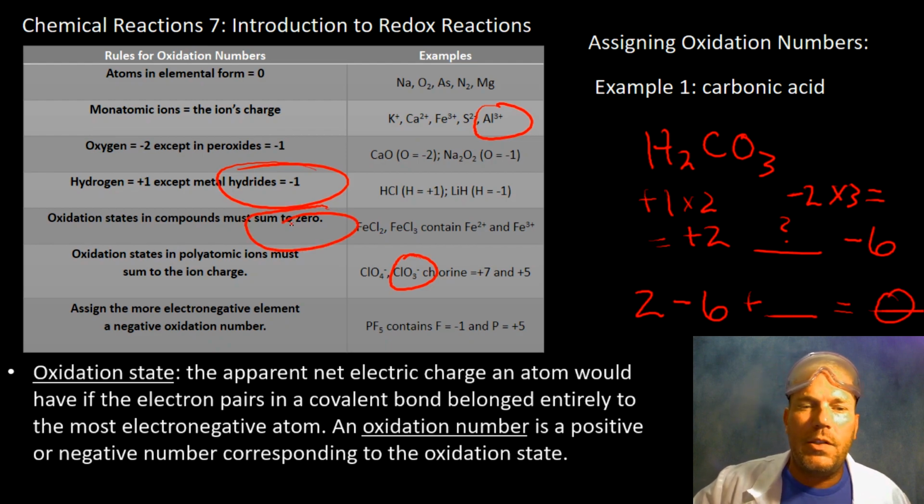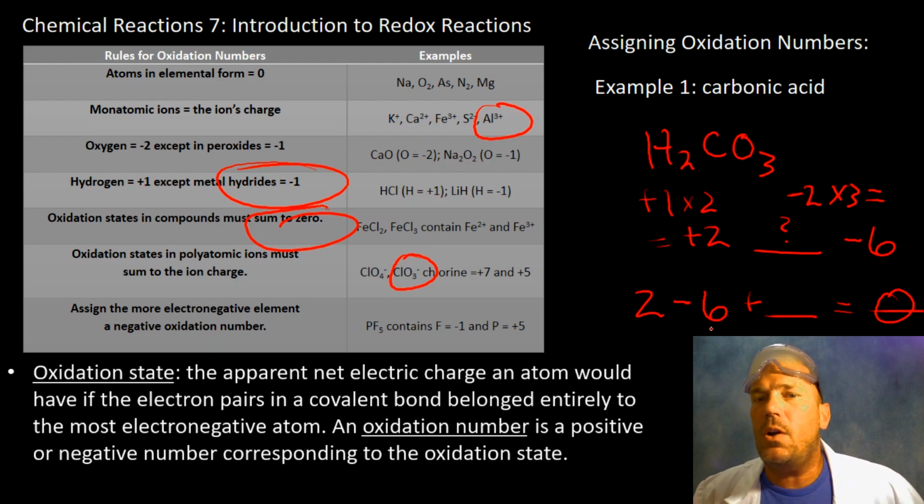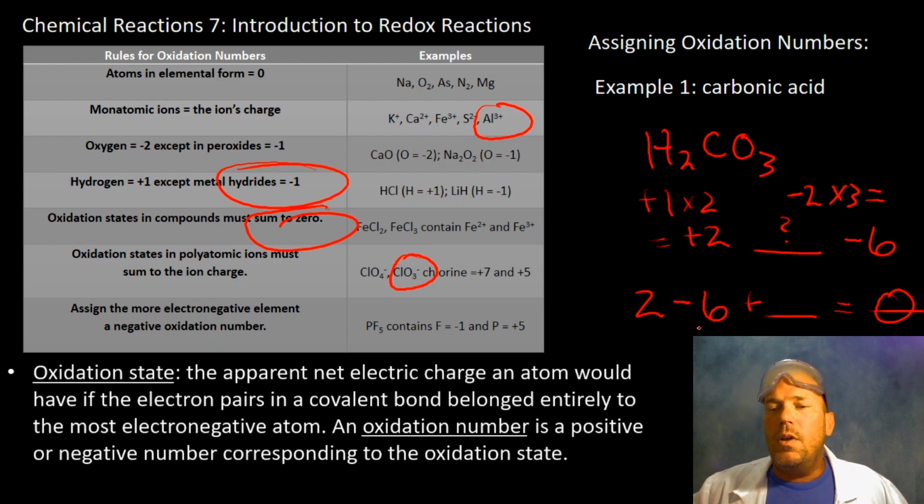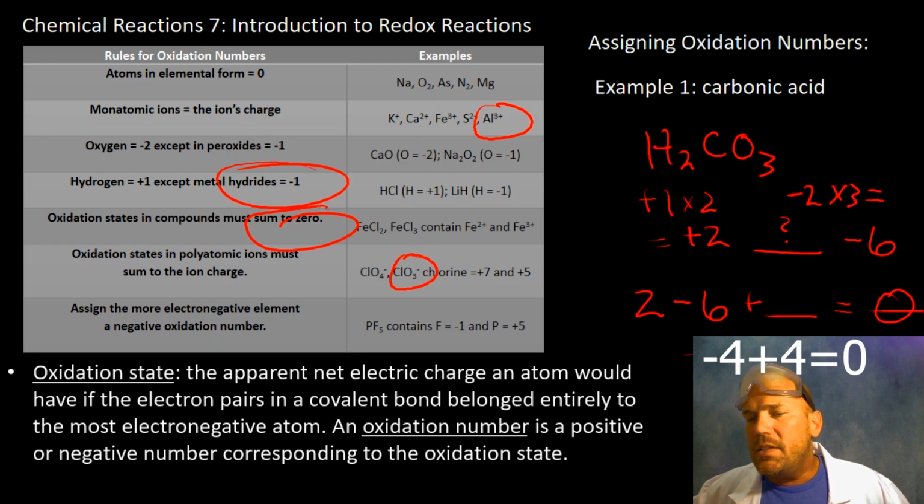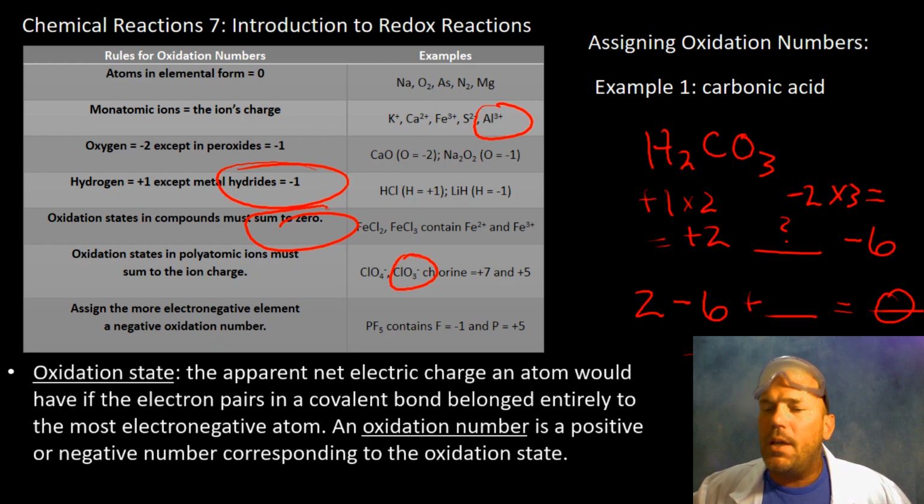Okay, we want this to sum to 0. There is no net charge on this ternary compound. All right, so what's going to equal 0? Well, we have here -4 plus blank equals 0, and now it's pretty obvious, +4. So carbon's oxidation number in carbonic acid is +4.